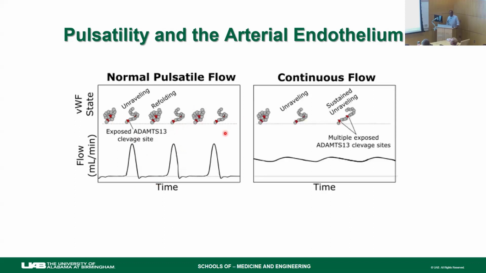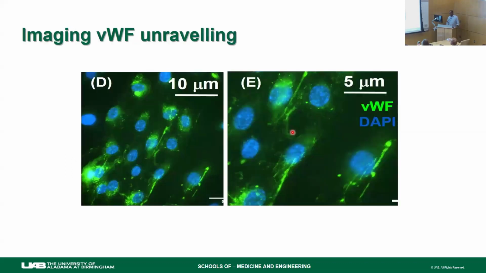But under continuous flow, you have sustained unraveling, exposing multiple ADAMTS13 cleavage sites. Maybe the von Willebrand factor produced is cleaved into low molecular weight fragments right from the start. And the pump probably has a minimal role to play in all of this. So this is what we started off with as a working hypothesis.